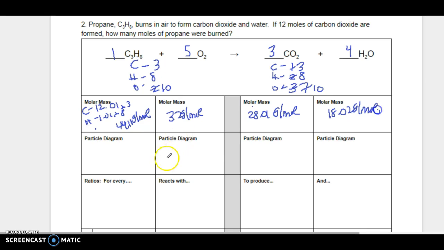Okay, all right, particle diagram. Oh my goodness, 3 C's. Okay, H, 2, 3, 4, 5, 6. I'm not going to write the H's in, okay, it's really hard. You can do it. Okay, one of those, 5 O2s, 1, 2, 3, 4, and 5. Okay, 3 CO2s.